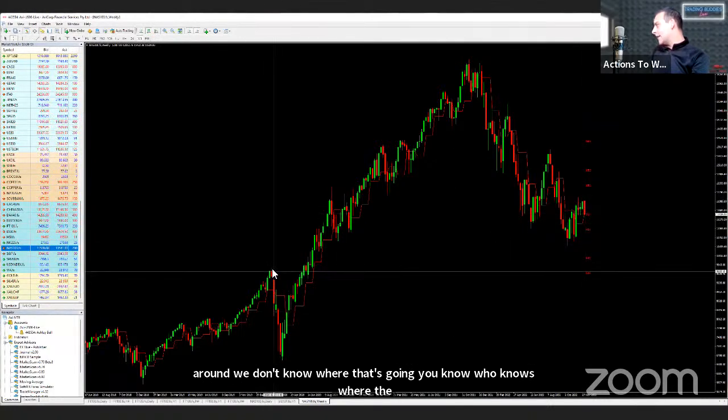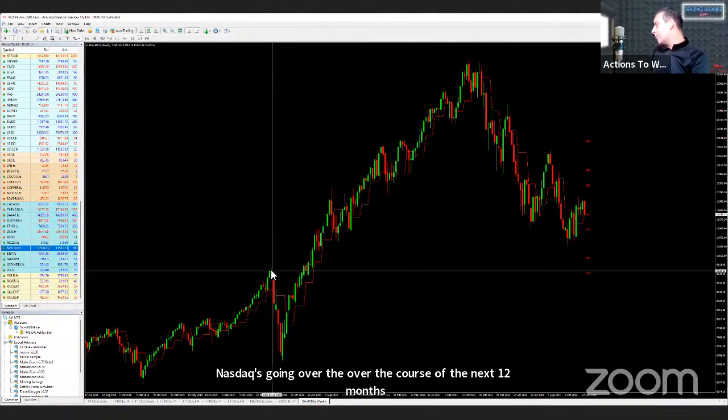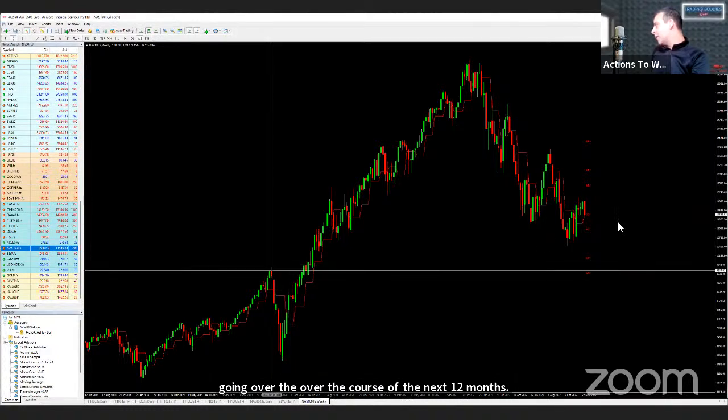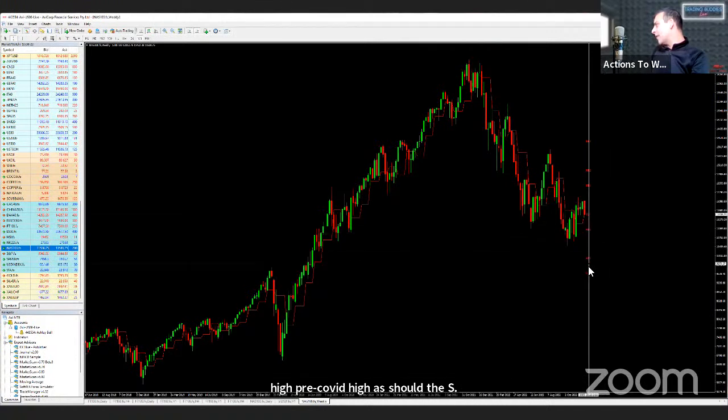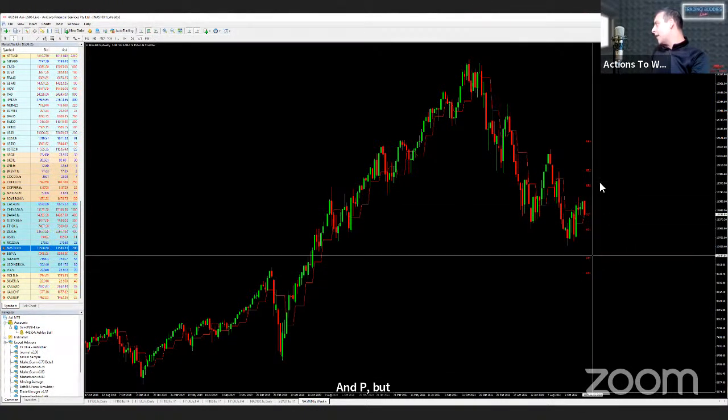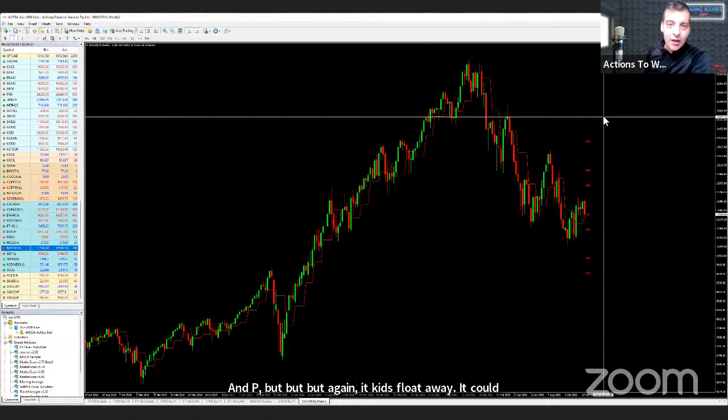It should come back and test this pre-COVID high, as should the S&P. But again, it could float around. It could come down, test it in January, then start floating around again. I don't think it takes off to the upside. So what's next year's story? Probably not the euro. Which currency is going to be the one? Maybe the yen. I don't know.